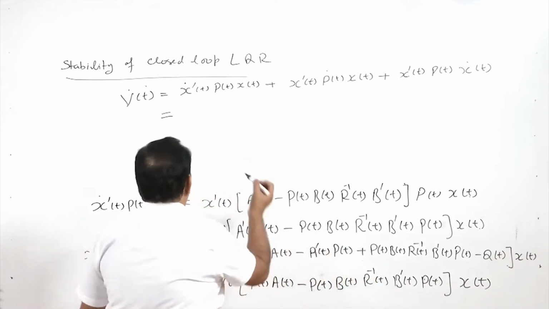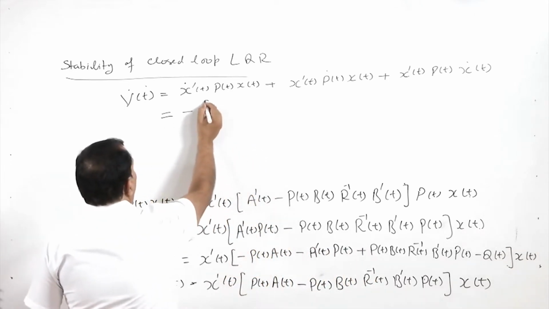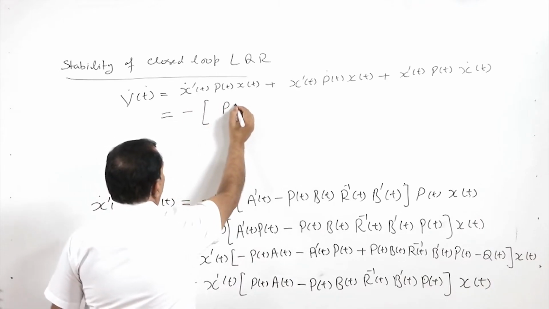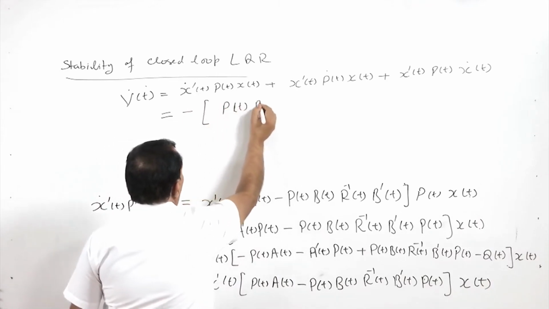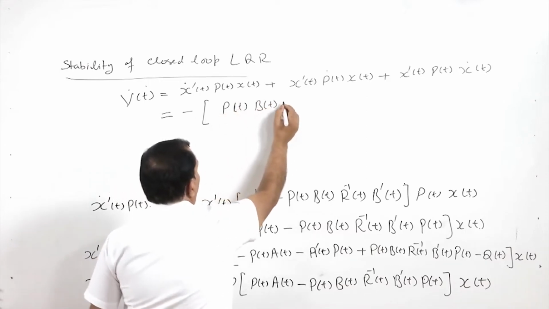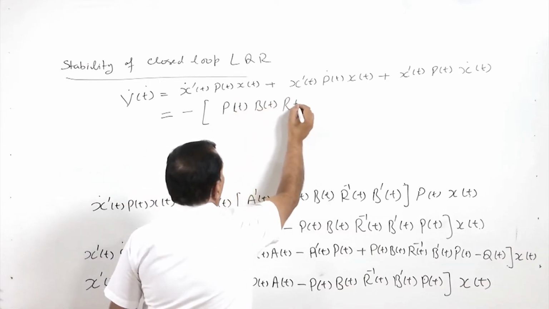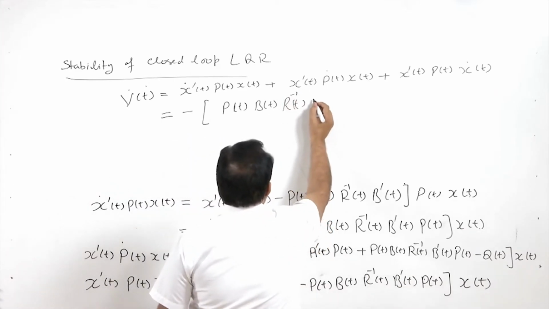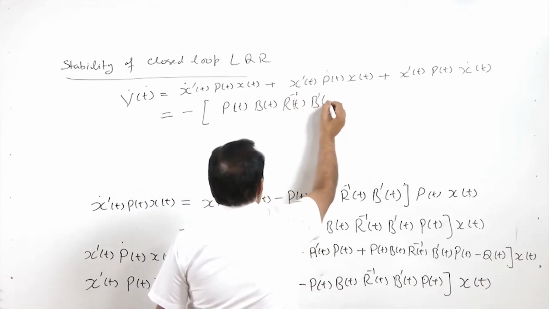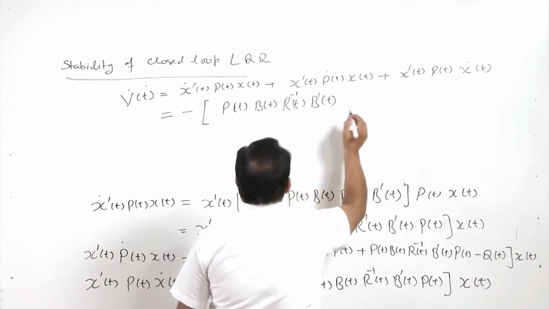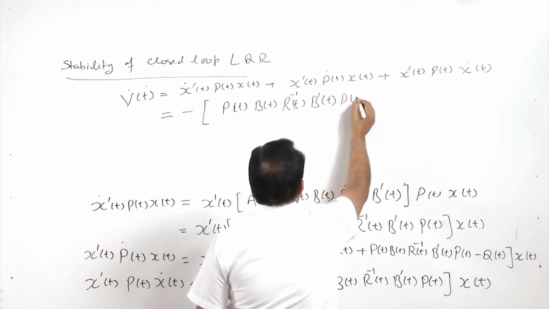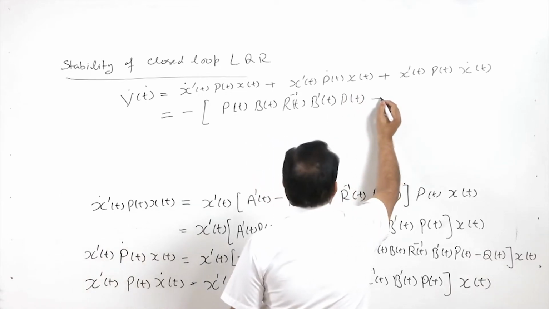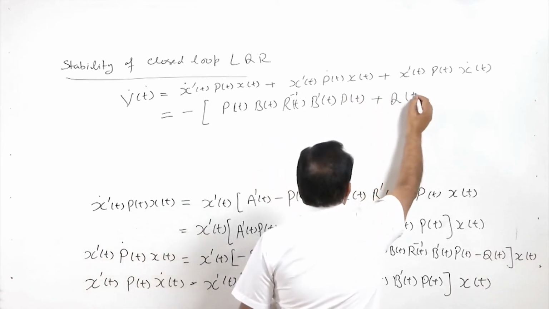So, I will be left only with minus P B R inverse B prime Pt plus Qt.